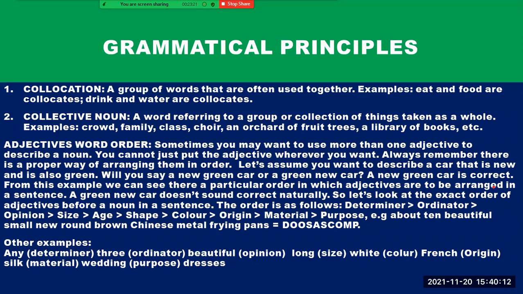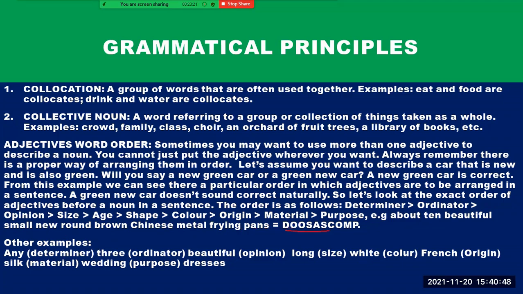So let's look at the exact order of adjectives before a noun in a sentence. The order is as follows. What comes first is determiner, followed by ordinator, followed by opinion, size, age, shape, color, origin, material, purpose. All right, for example, about 10 beautiful, small, new, round, brown Chinese metal frying pans.